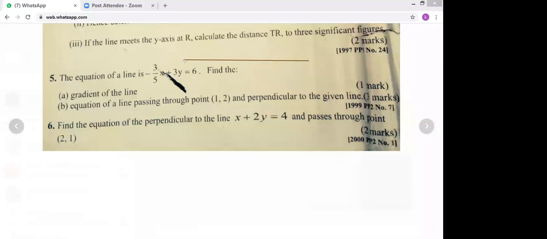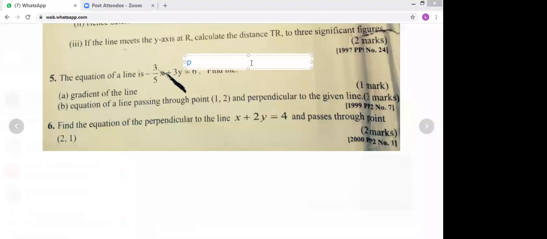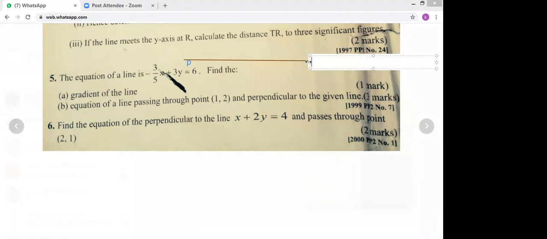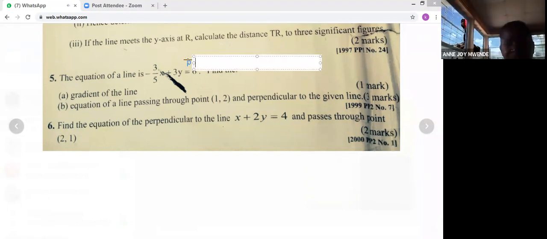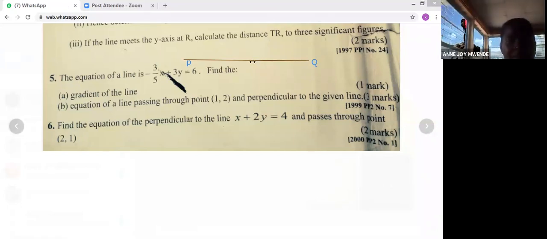Yes. Okay, then this is point P. The other one is the line, and this is PQ. This point is Q. Then we have a point somewhere there which is T.